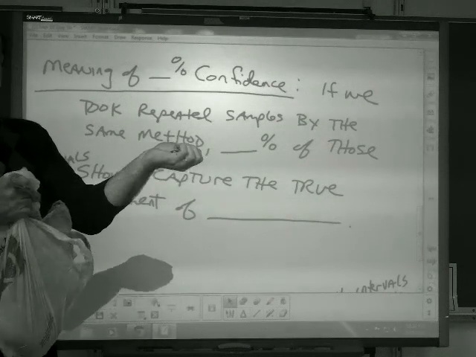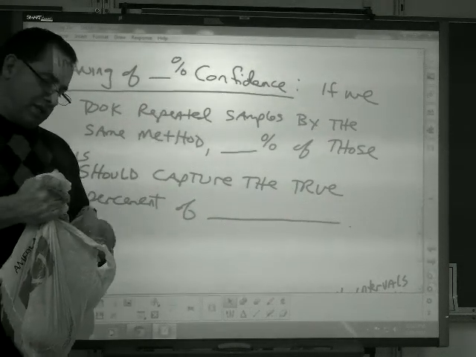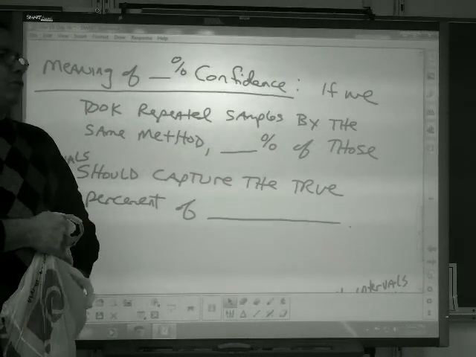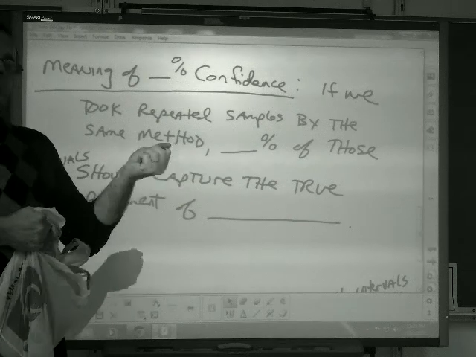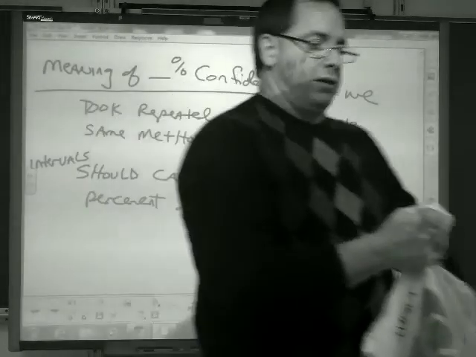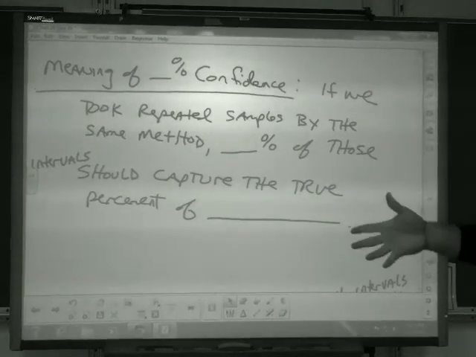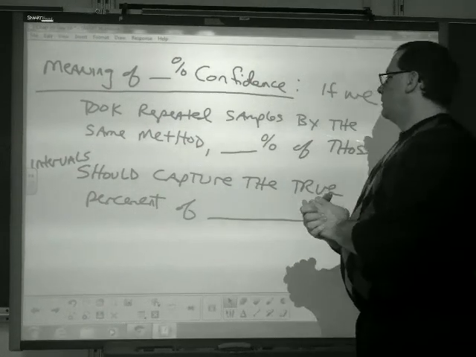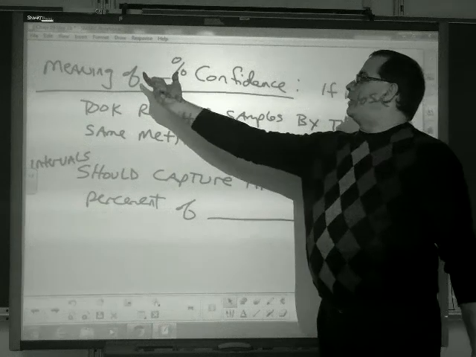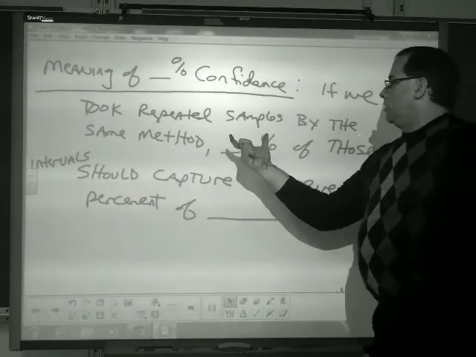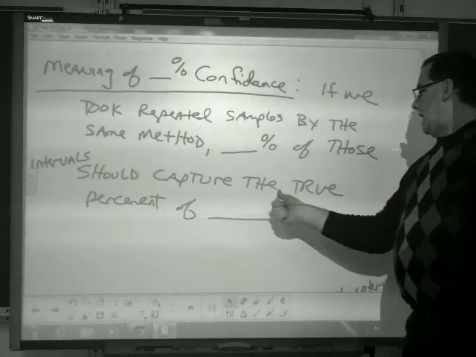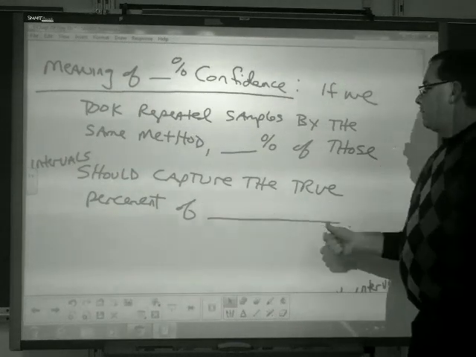If we took repeated samples by the same method, and a lot of times we don't have the money or the time to do that, but if we could, and we kept making intervals and intervals and intervals, then whatever confidence we're working with, that percent of those intervals should capture the true percentage of whatever it is that we need.